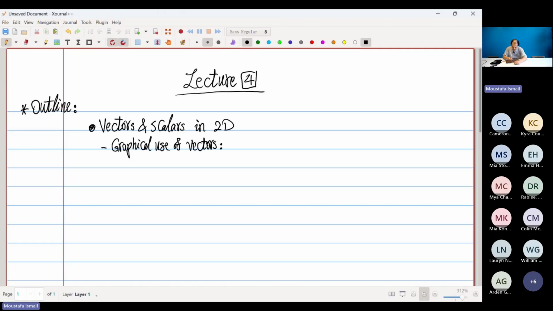In particular, we will discuss vector addition and scalar multiplication.